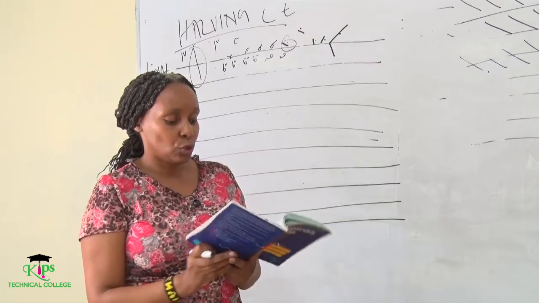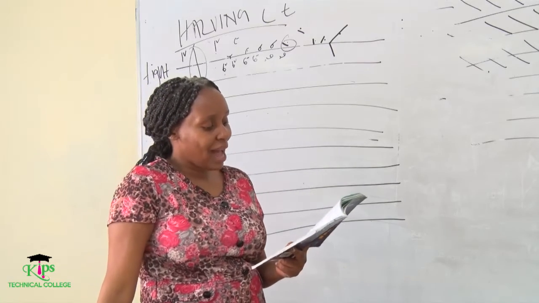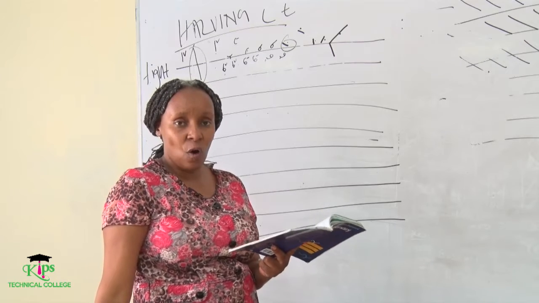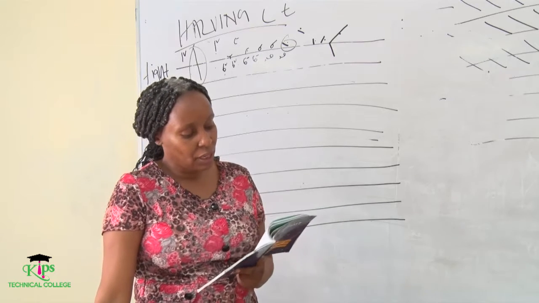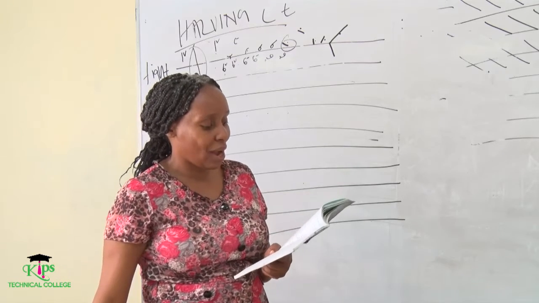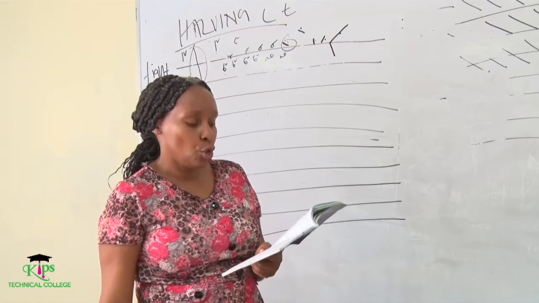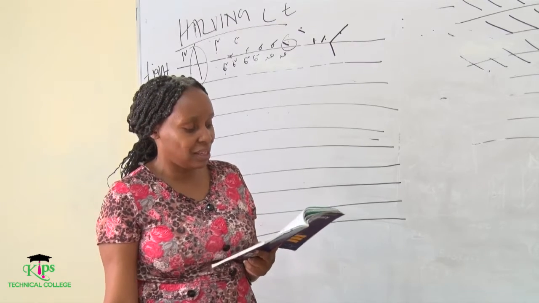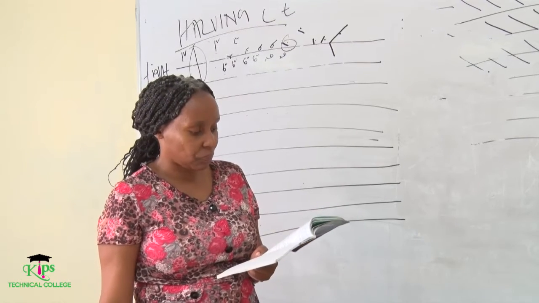We also say a stroke may be halved to indicate either a following T or D in words of more than one syllable.